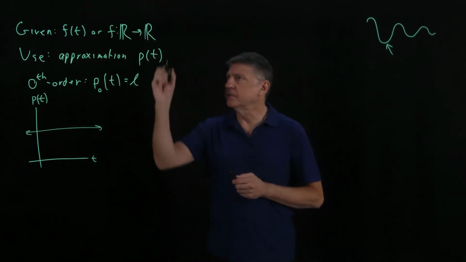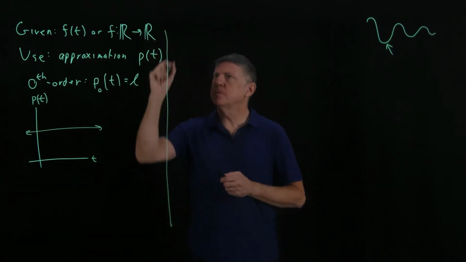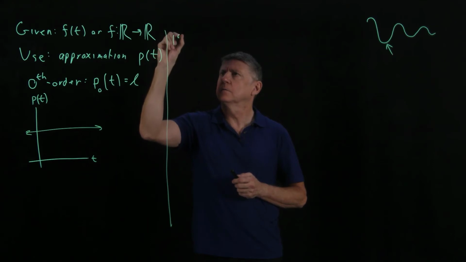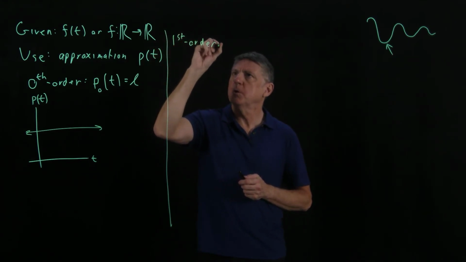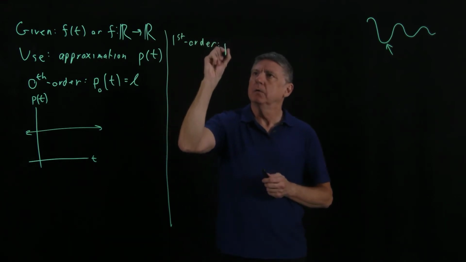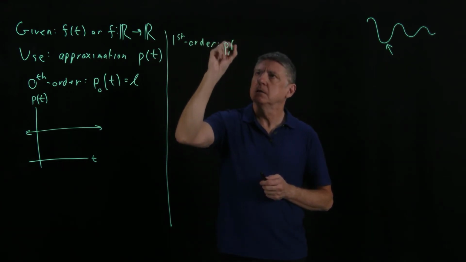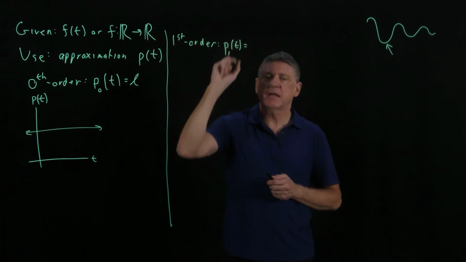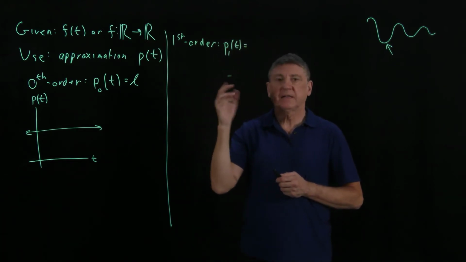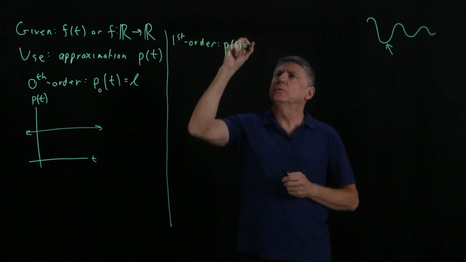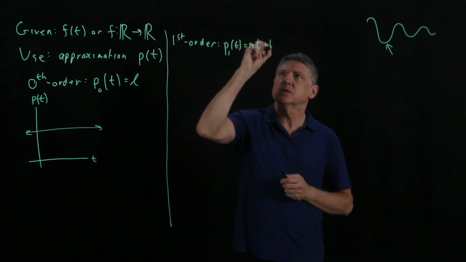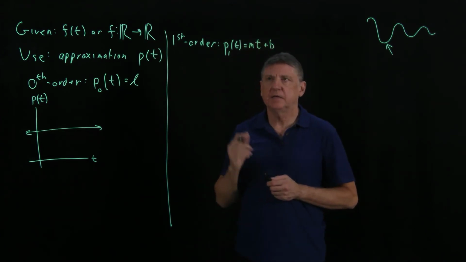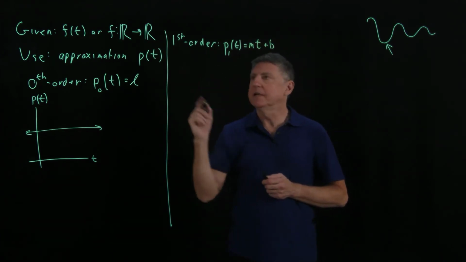The next thing we might consider is a first order. And a first order polynomial would be, we want to approximate this as, and if we were using MATLAB, we would do one thing. What we'll say is that this might be some multiple of the scalar plus some offset. And so this would be a linear function.